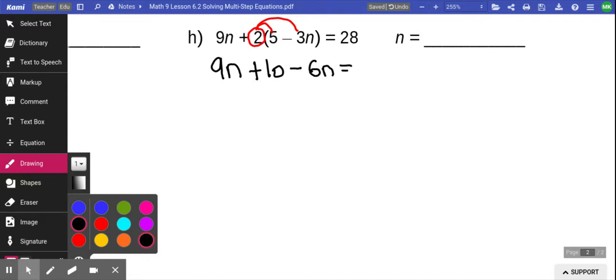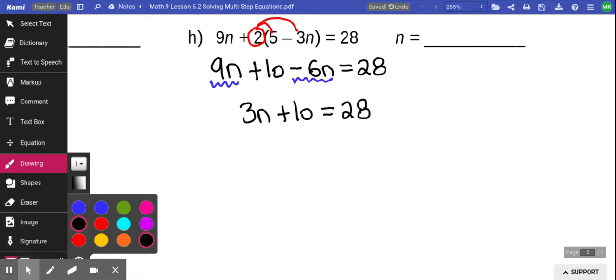And it still equals 28. Again, after I multiplied, I ended up with like terms. So I need to collect those like terms before I can start solving. 9n minus 6n is 3n, plus 10 equals 28.